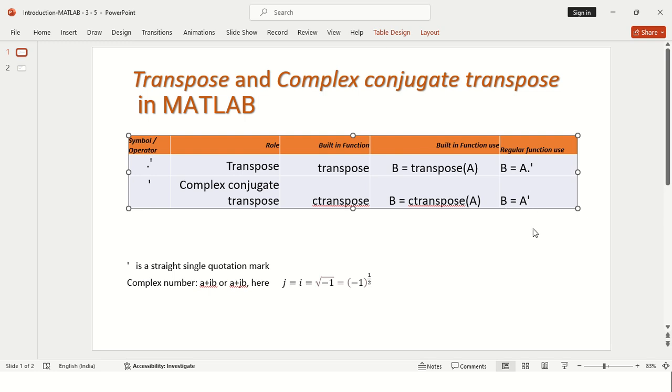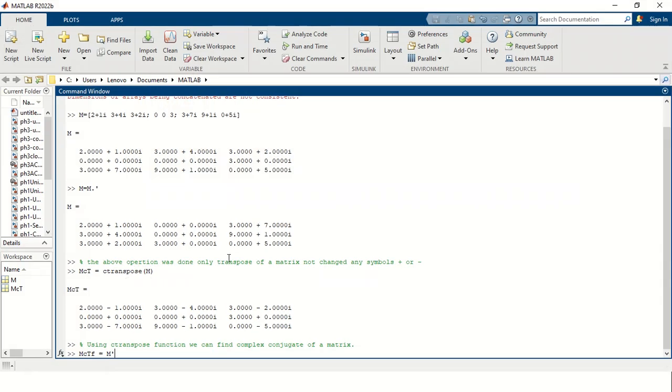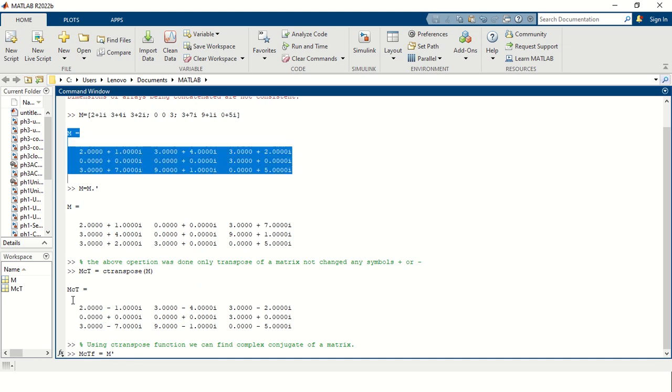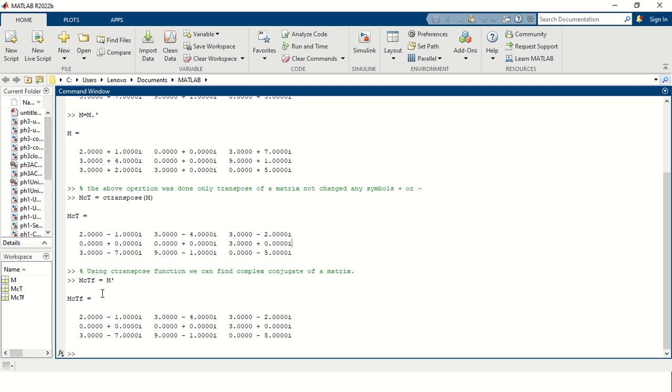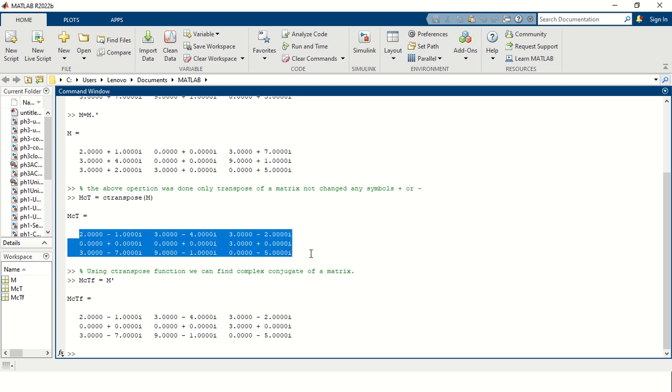For showing, I am using the A matrix here. So in the MATLAB live example, I am taking M, right? I need to write MCTF equal to M single quotation mark to find the complex conjugate transpose. I have already given the M matrix, the original matrix. I am going to check whether this function and that function result the same or not. See, this function also becomes the same.